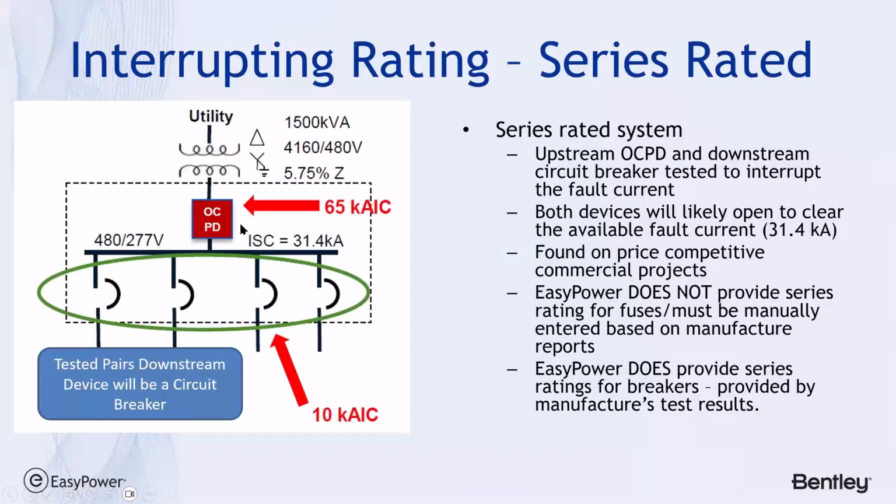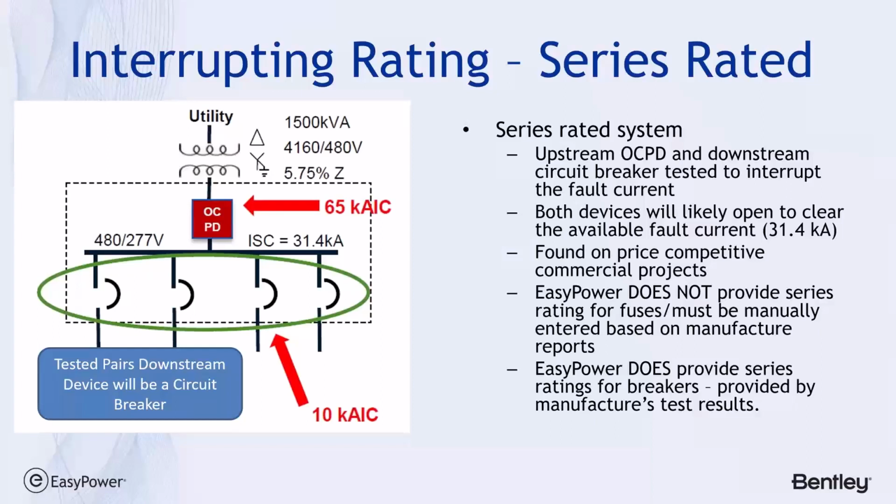But if we use a properly selected overcurrent protective device that exceeds this current, then we can have what's called series rating. But it needs to be tested with the downstream device before we can guarantee that it works. And normally the tested pair includes a circuit breaker downstream.